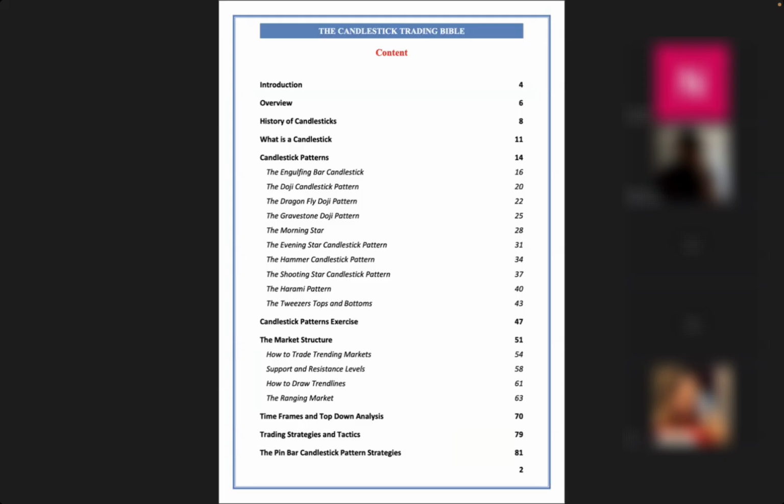Okay, so when we talk about market structure, it is basically price action. Market structure goes with candlestick patterns. So it's the candlesticks that form the market structure.